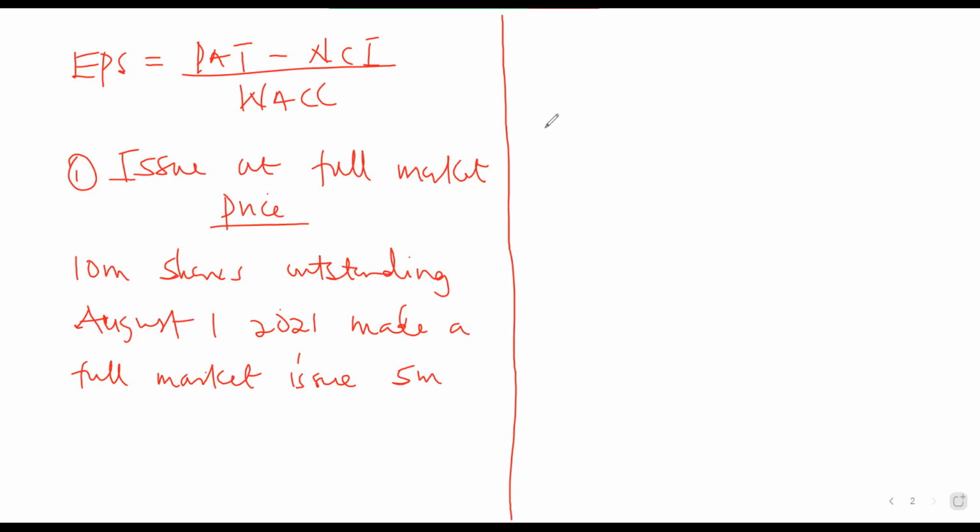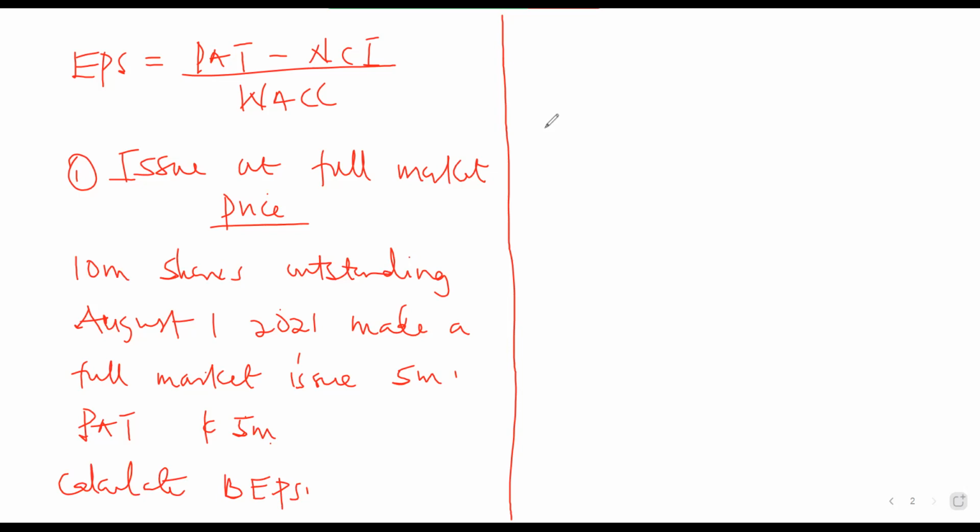The price is not necessary. We are only looking for the shares. The profit after tax of the company for the year is 5 million. So they are asking us to calculate the basic earnings per share.